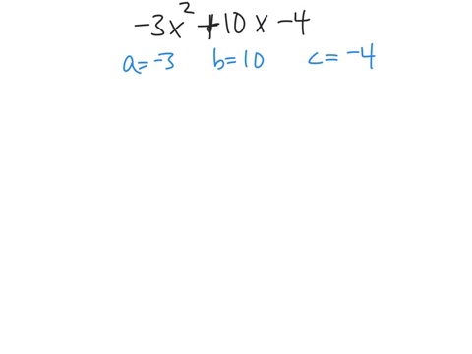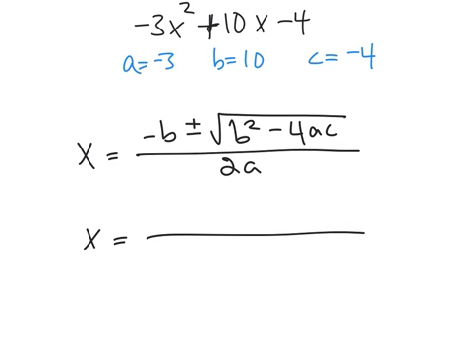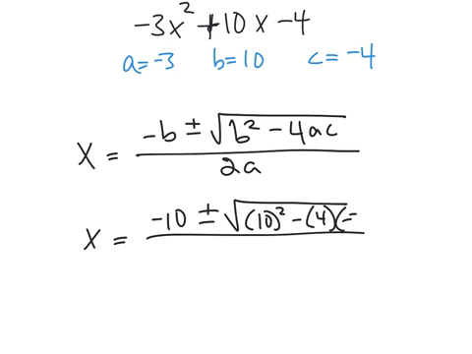So now we've got x equals -b plus or minus the square root b squared minus 4ac all over 2a. And so now we're going to start our substituting. So you get -10 plus or minus the square root of 10 squared minus 4 times -3 times -4 all over 2 times -3.